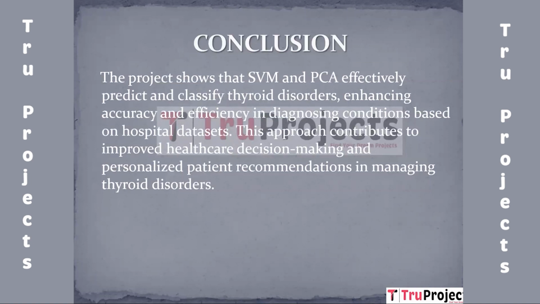The integration of SVM and PCA enhances the model's accuracy and efficiency in diagnosing thyroid conditions based on the hospital dataset. The project findings contribute to advancing medical diagnosis and prediction tasks, showcasing the potential of machine learning techniques for improved healthcare decision making and personalized patient recommendations in the management of thyroid disorders.